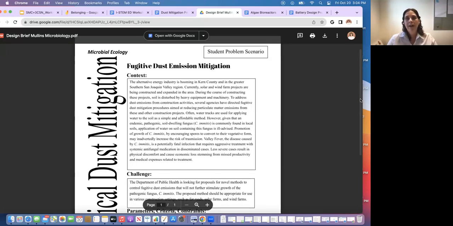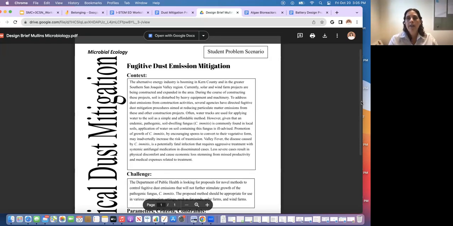The problem is that this is a dimorphic fungus, and when you hit it with water, it'll vegetate and spread. So there is a concern there, both from an environmental standpoint as well as a public health standpoint.